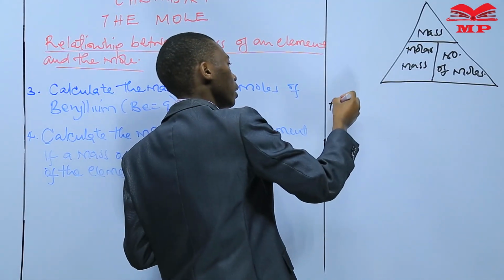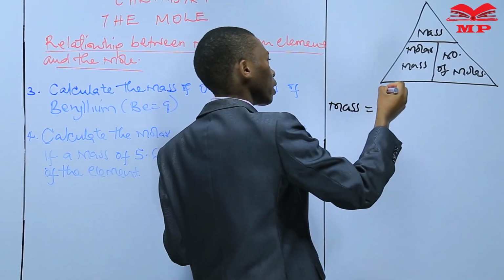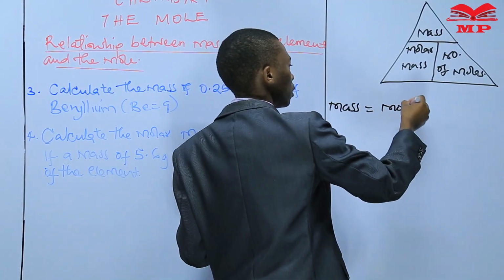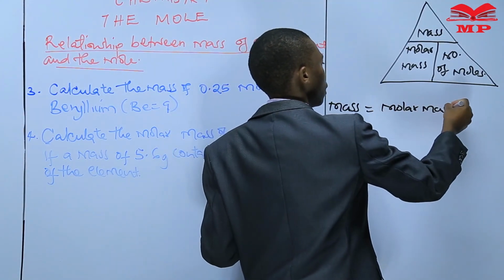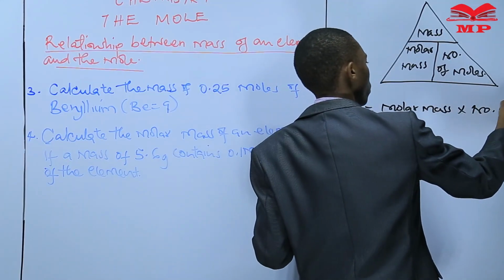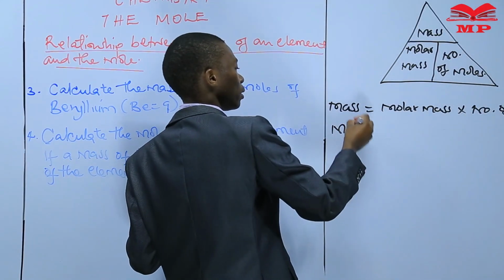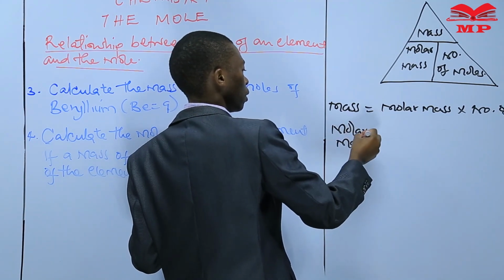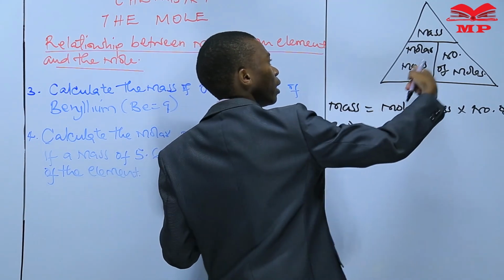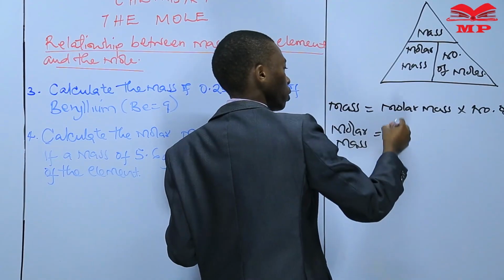Therefore, we say that the mass is given by molar mass, you multiply by the number of moles. And molar mass is given by mass divided by the number of moles.